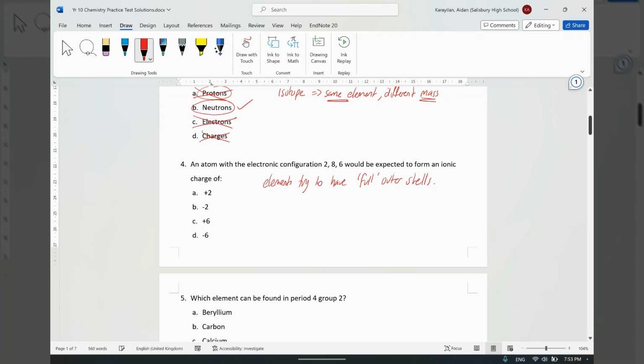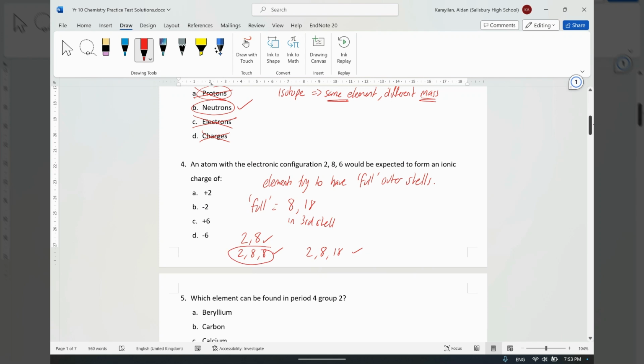Now, when I say full here, full can equal 8, or 18 in the third shell. So 2, 8 is happy, 2, 8, 8 is also happy, 2, 8, 18 would be happy. In this particular case, because we have 2, 8, 6, we are closest to this one here.